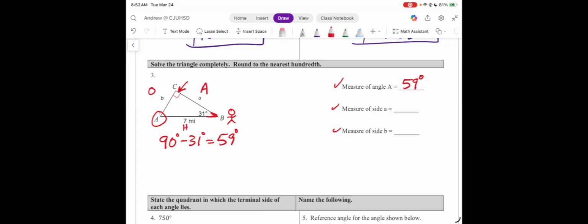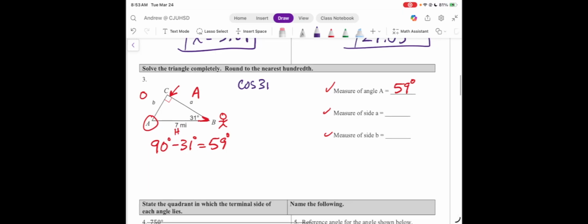So if I want to find A, I'm going to need to use A and H. So again, cosine. So the cosine of 31 degrees is little a over 7, and that's 7 miles. I'm solving for A up high.